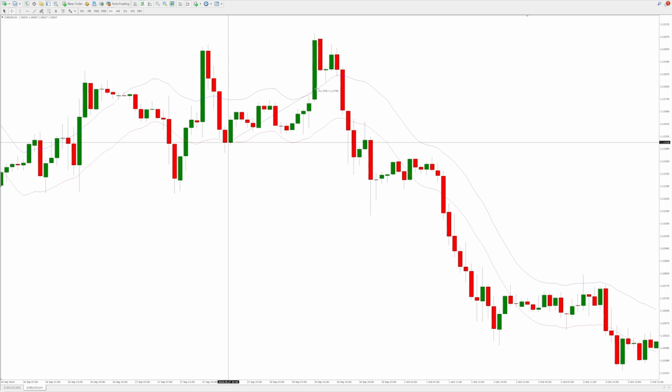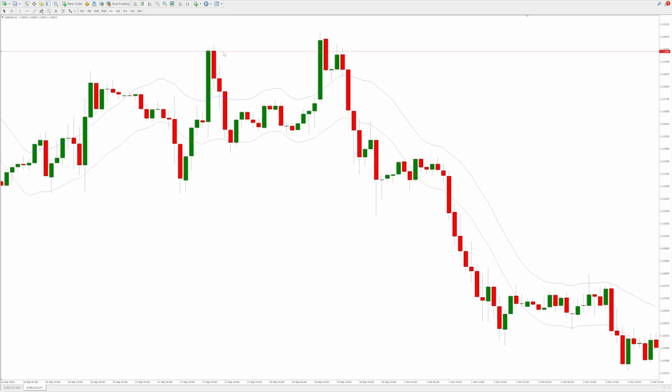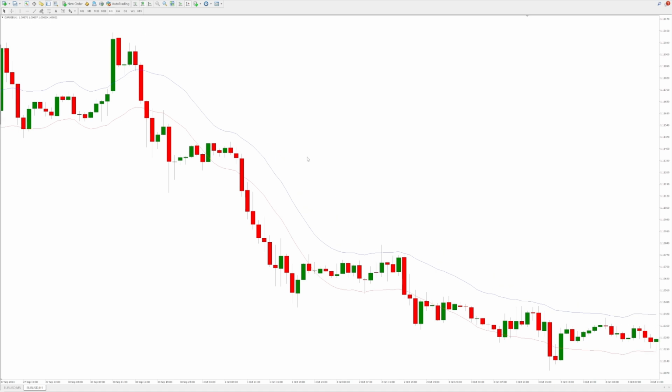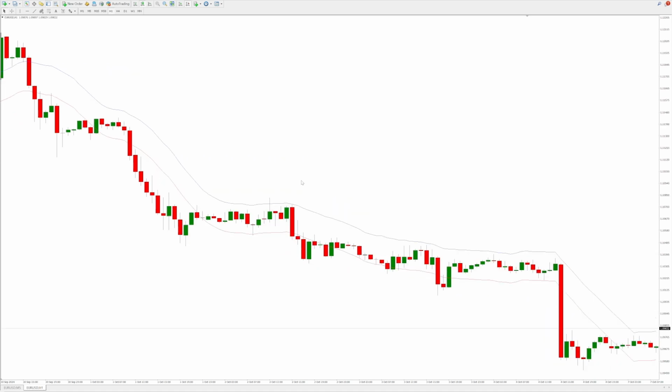You could have taken an exit on the opposite envelope as well, or you could have been looking at this, say this resistance level here, had you taken a long trade reversal there and exited around that recent level of resistance there, still would have been 50 pips. A decent trade there. Okay, so as you can see, there's various ways to interpret the envelopes indicator, whether that's reversals or breakouts.